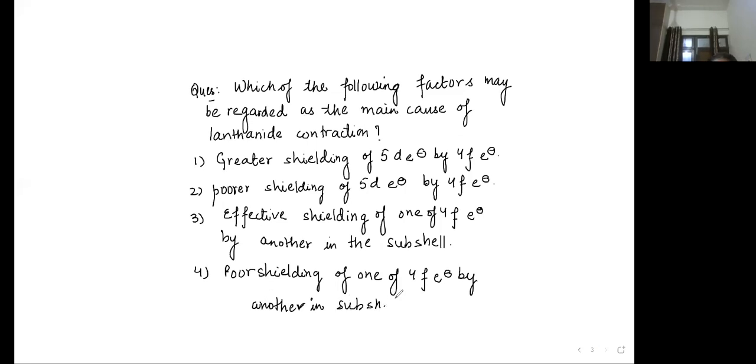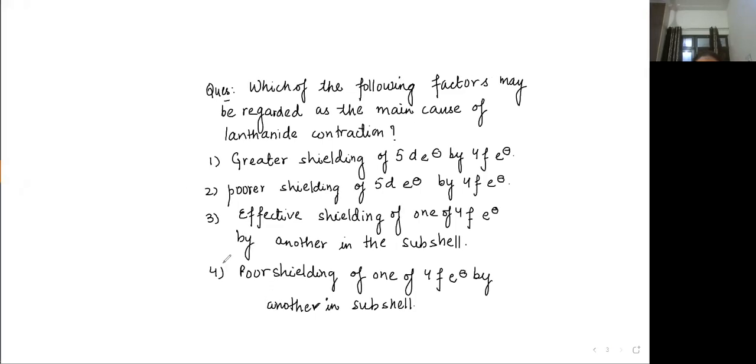First, tell me this thing: in lanthanide contraction, is there poor shielding or great shielding? There is poor shielding. So out of these, will you agree that 2 and 4 will be correct?